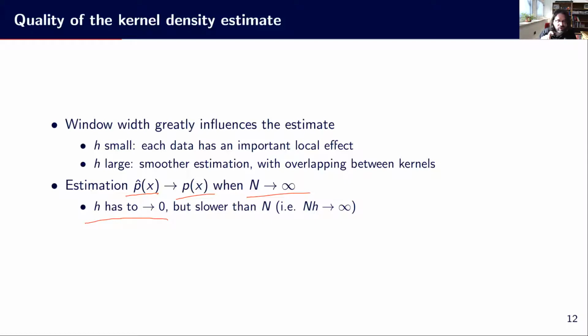We want to go toward infinity, so we want to have a really huge or infinite size data set, which is of course not computable, but we want n close to infinity and h close to 0. But in fact, the product n times h should go toward infinity, in the sense that we should have a data set that is increasing faster than the reduction of the width of the window.